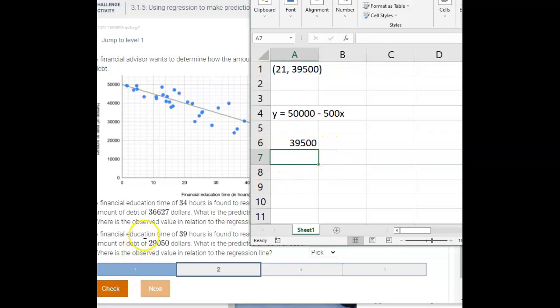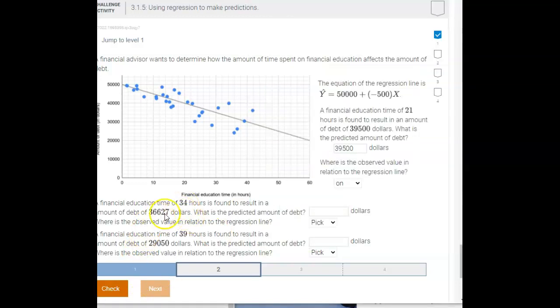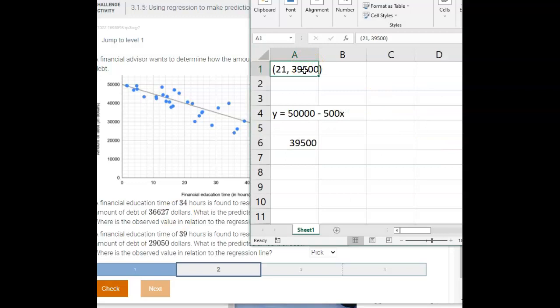Let's do one more of these. 34 hours has 36,627. All right, so let's put that point up here. 34, 36,627. So just for reference, that's an observed value.